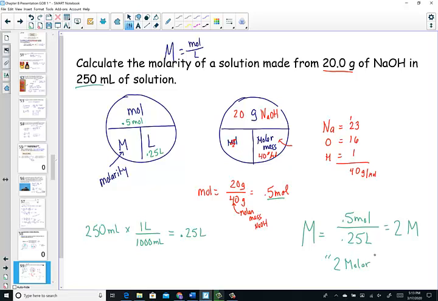That's what capital M stands for. The molarity unit is 2. 2 molar is its concentration. So step 1, we found the number of moles. And once we found moles, we brought it over to this round little buddy and solved for molarity. Excellent.